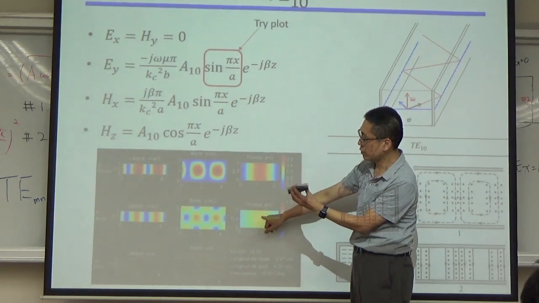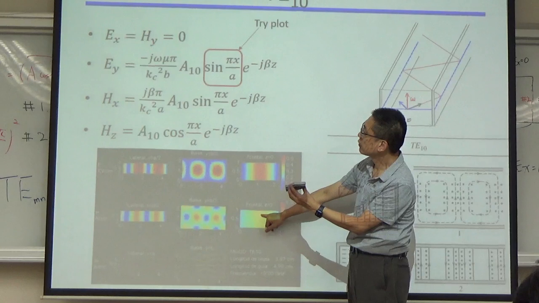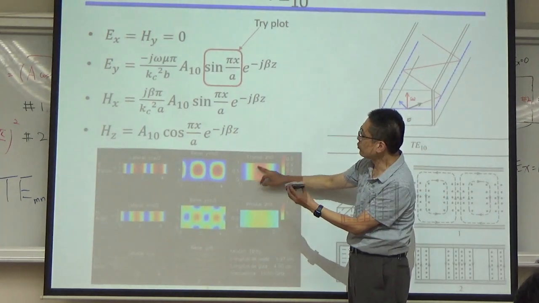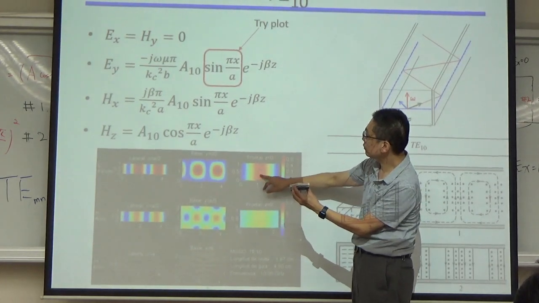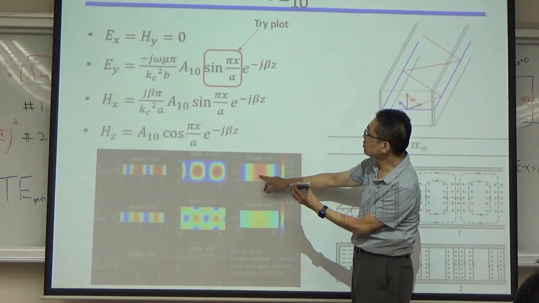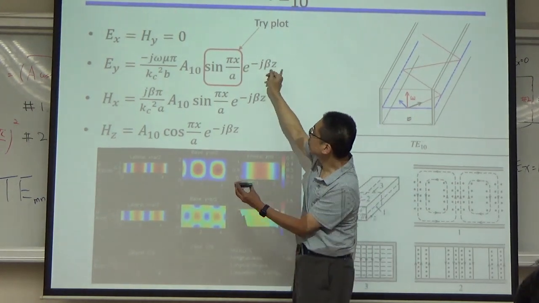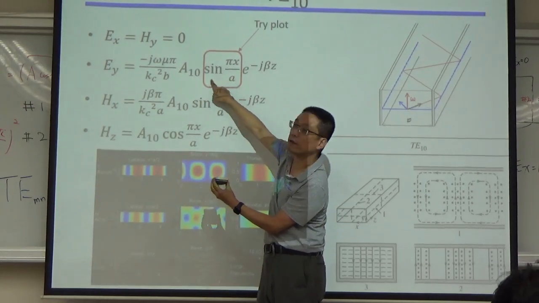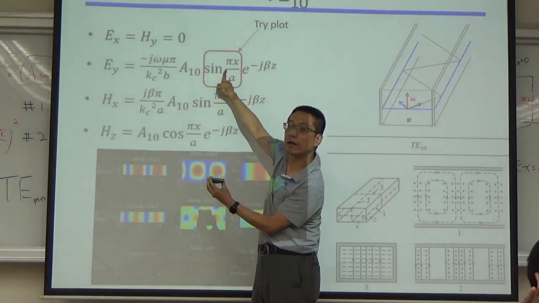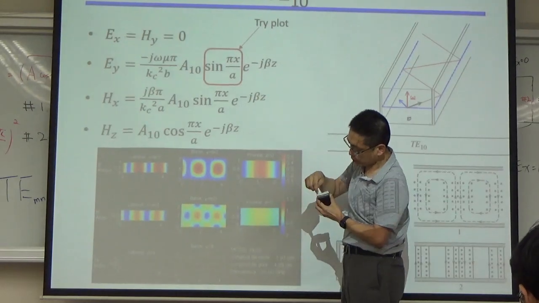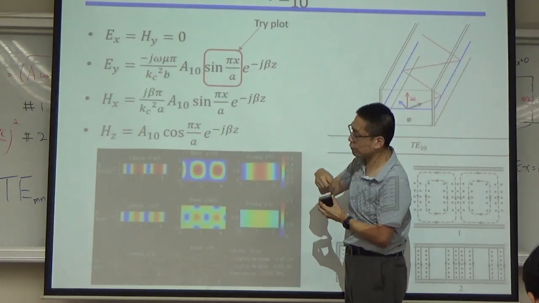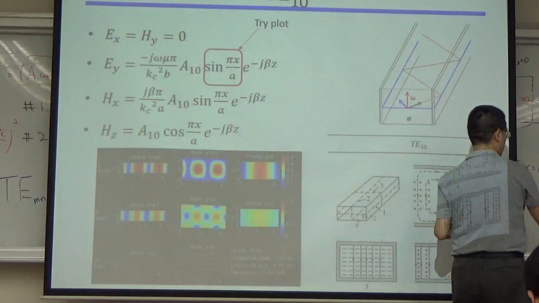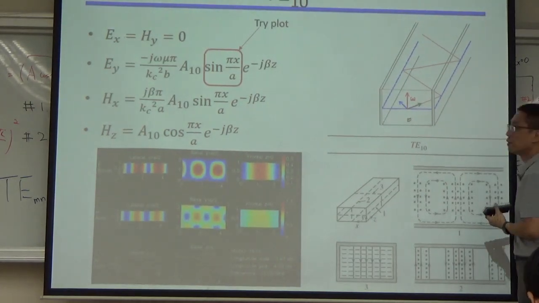Also the same as H. The direction is going to EY, right? Because the EY is a function of sine. So there is a half sine.